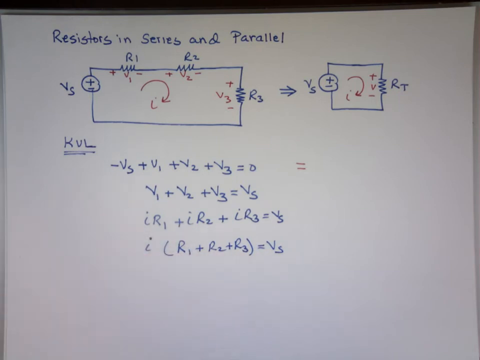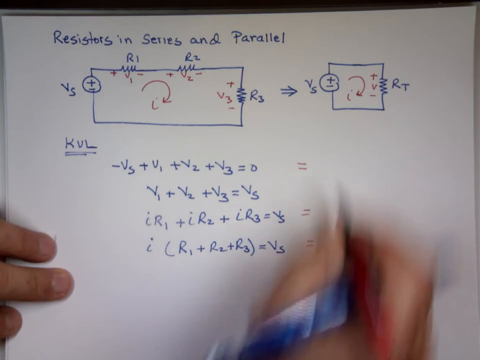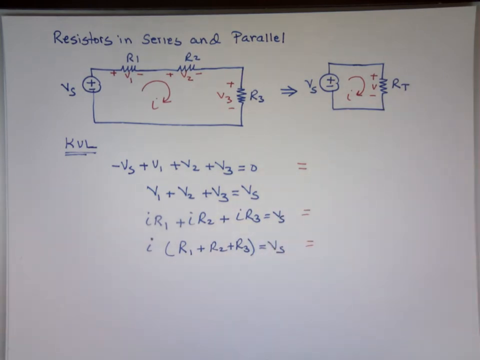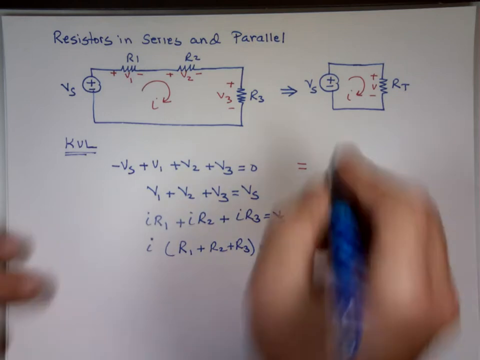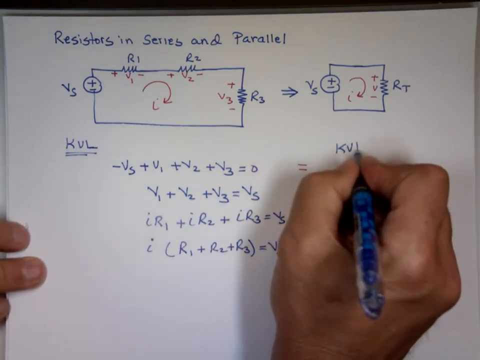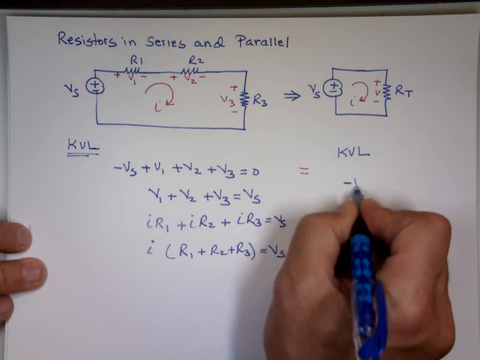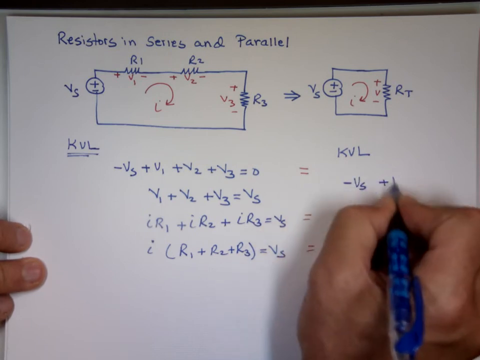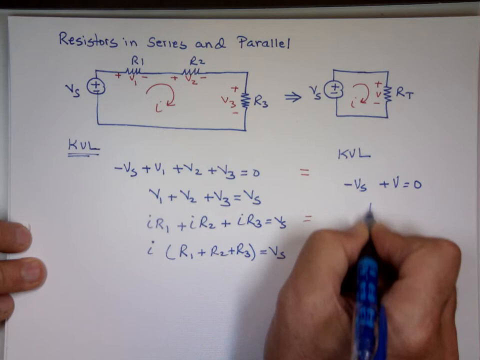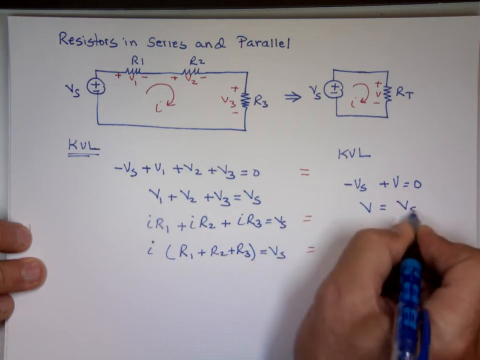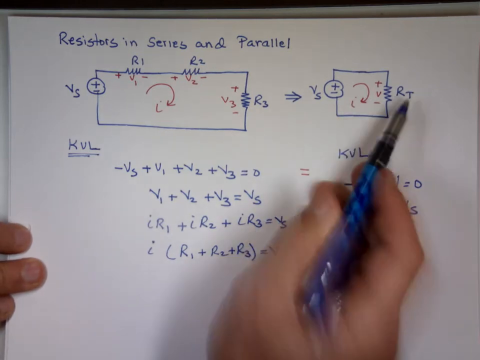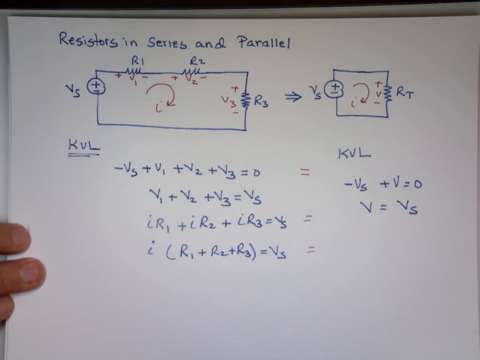I want that to equal the circuit on the right. Let's look on the right. KVL again. This will be what? Minus Vs plus V is equal to 0, which means V equals Vs. What is V in terms of I and R here for the one on the right?